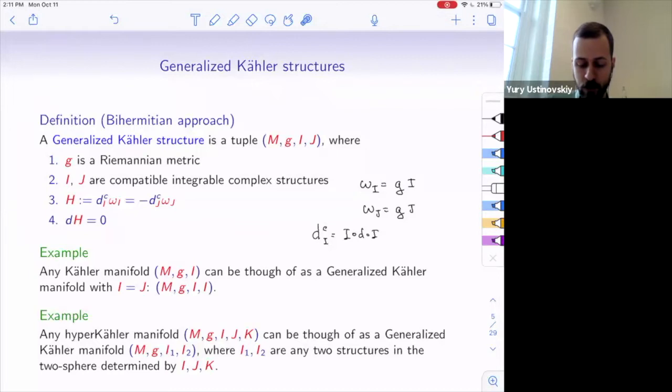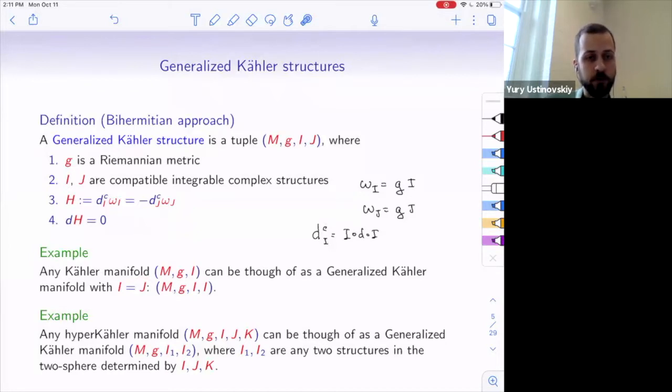And indeed, if you start with a Kähler manifold, you can think of it as a generalized Kähler manifold by just taking J, this second complex structure, to be equal to I. In this case, conditions 3 and 4 are vacuous because H is identically 0, and the rest is obviously satisfied. So any Kähler manifold is generalized Kähler in a trivial way. And actually, you could have taken J to be negative I if you wanted to.